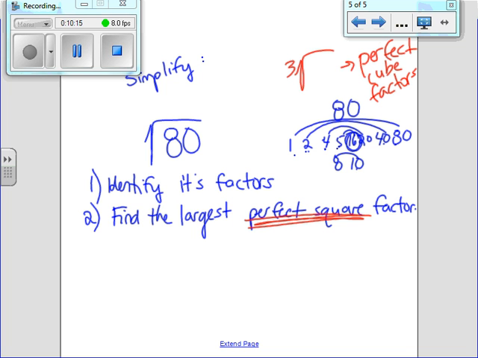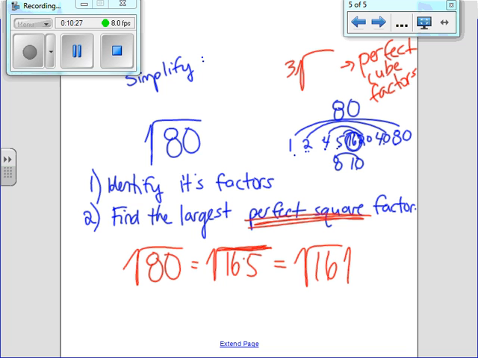So for example, this one, let's split root 80 into root 16 times root 5, because 5 times 16 equals 80. So I haven't actually changed it at all. Then I have a rule that tells me that I can split it up as a product of its factors. So I've got root 16 times root 5.